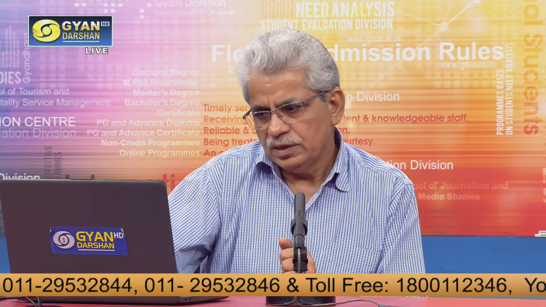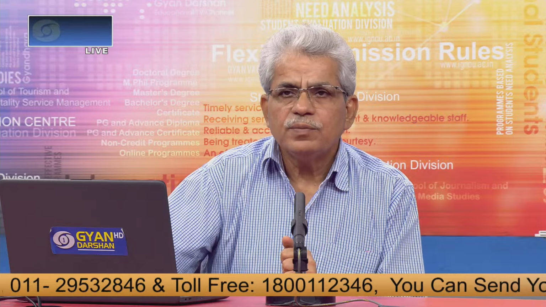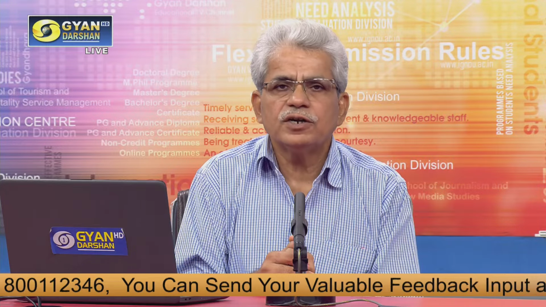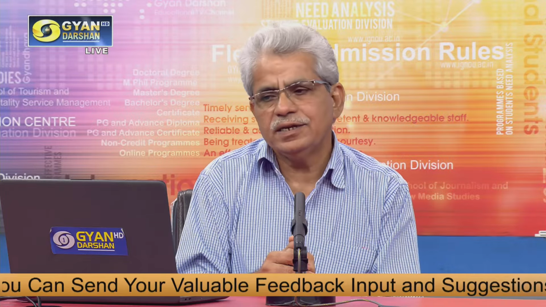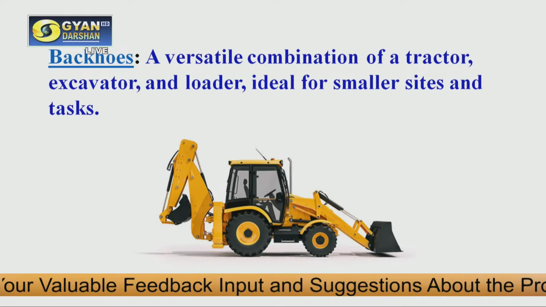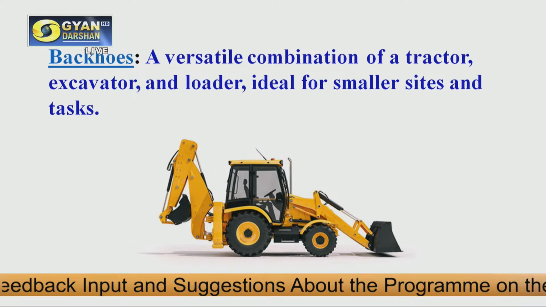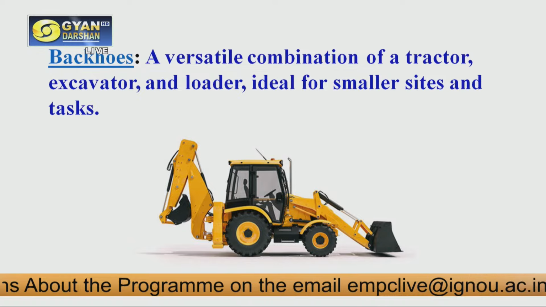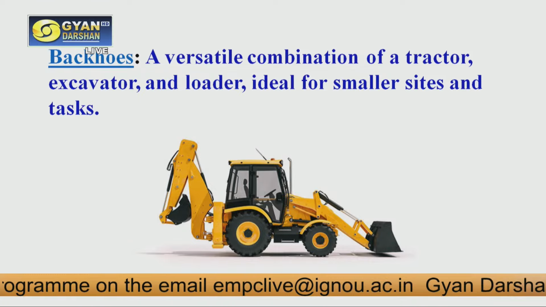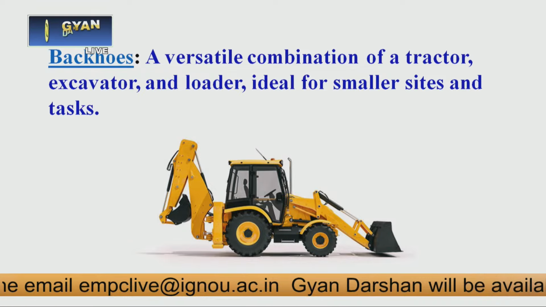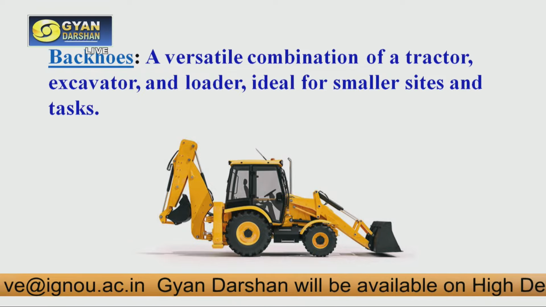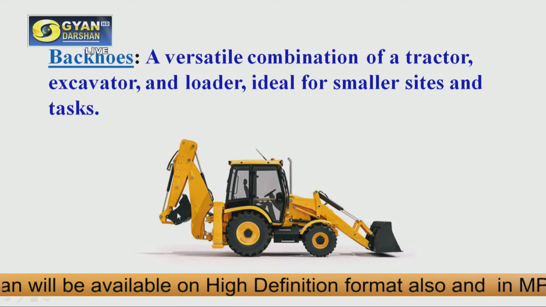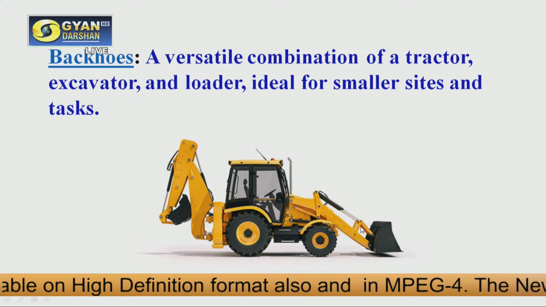Then another type of machine which we use, which falls in that category of earth moving equipment, is the backhoe. Backhoe is a very versatile combination of a tractor, which you see in the middle, then an excavator in the back, and a loader in the front.